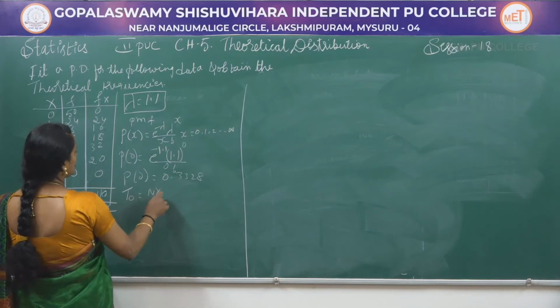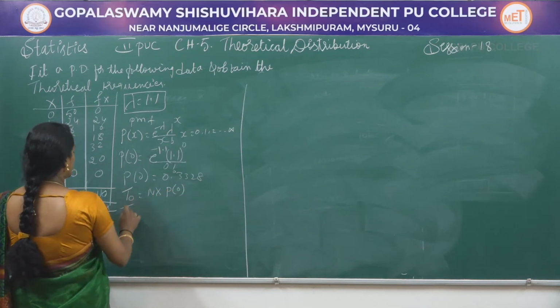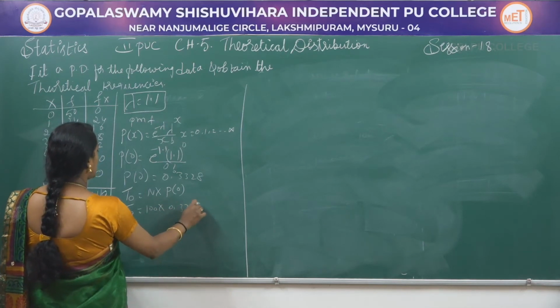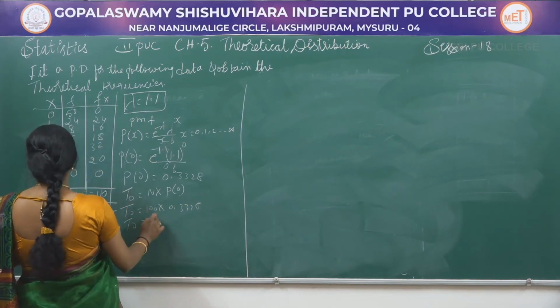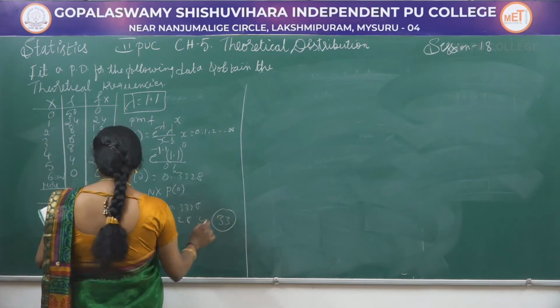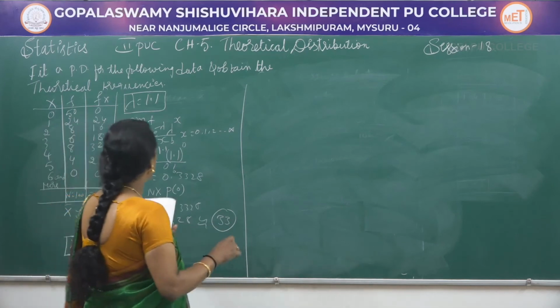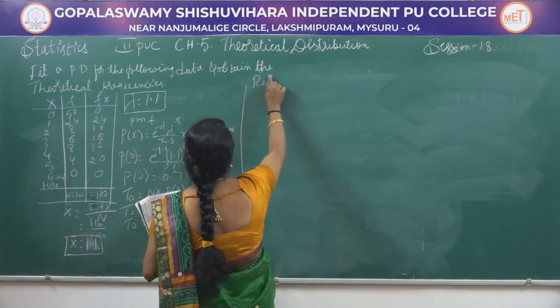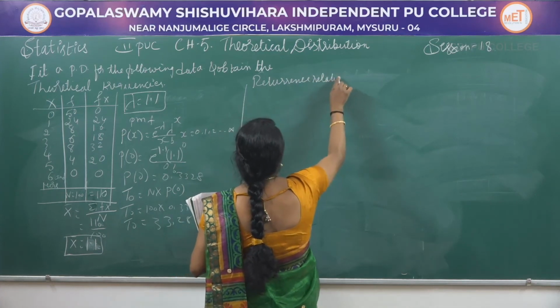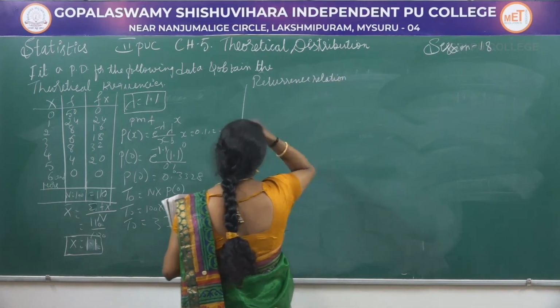Next, find out T0. It is n into P of 0. T0 is equal to 100 into 0.3328. So T0 is equal to 33.28, approximately 33. Next, write down the recurrence relation.